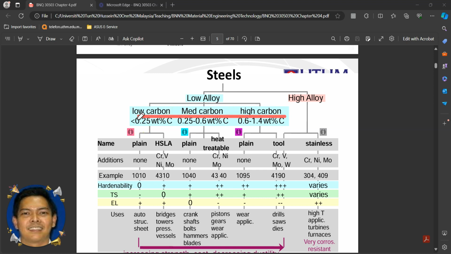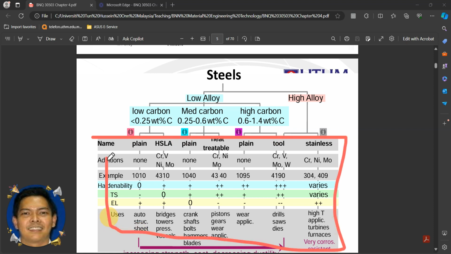If the material consists of below 0.25% carbon, it is categorized as low carbon. This is the property of this type of material.